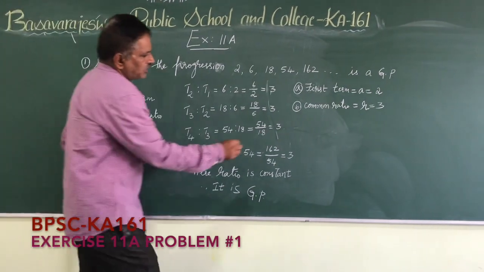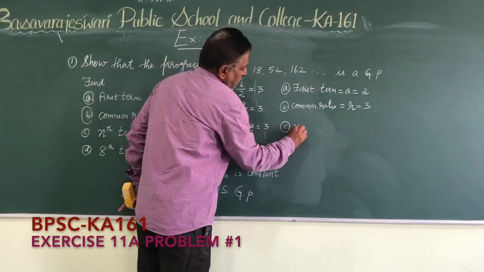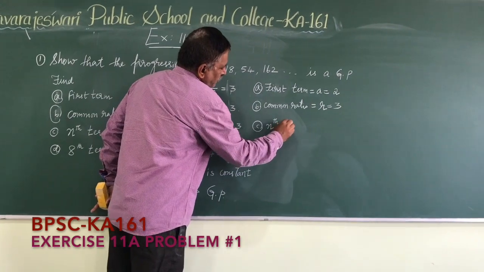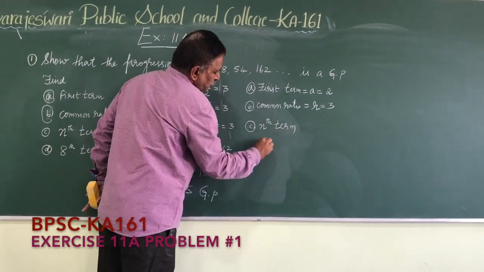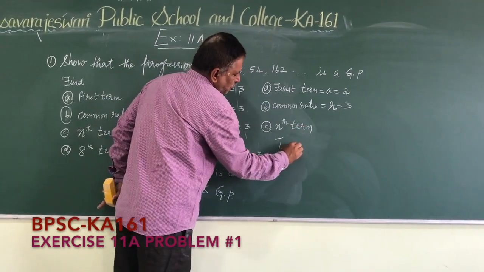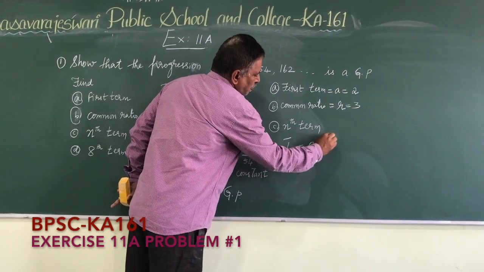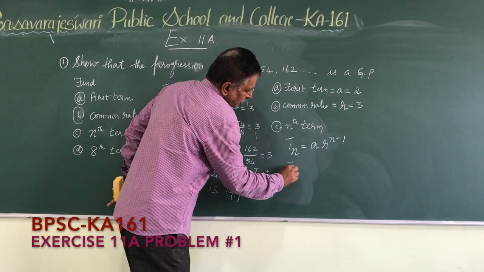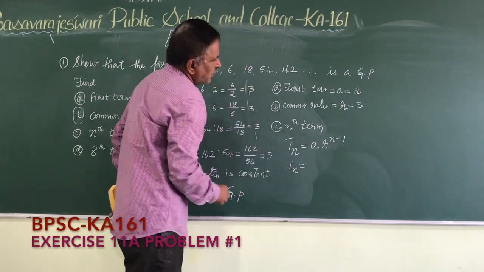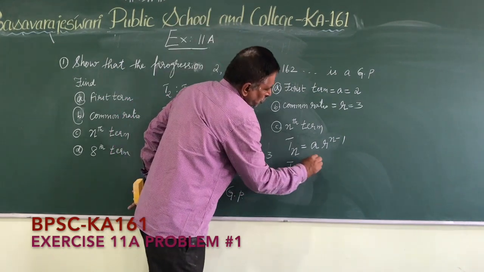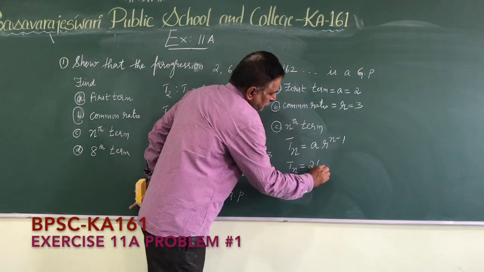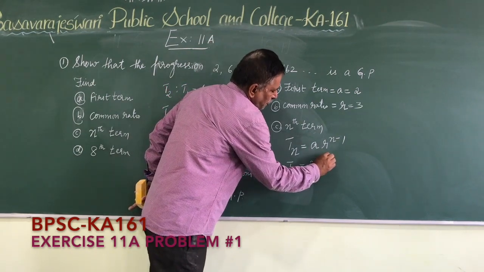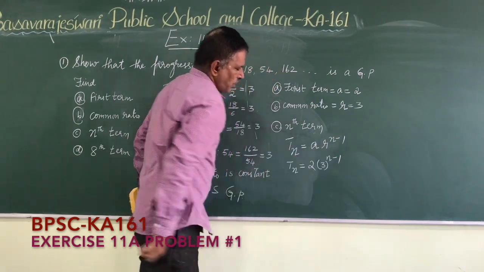To find the nth term, we use the formula Tn is equal to A R to the power of n minus 1. So Tn is equal to, what is the A value? 2. What is the R value? 3 to the power of n minus 1.